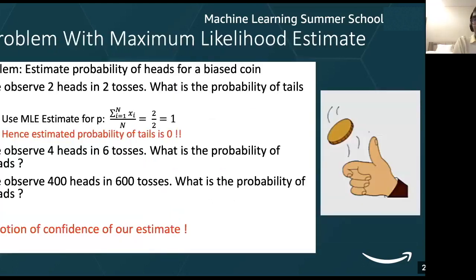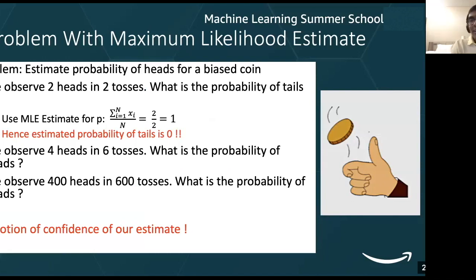Okay, so we discussed maximum likelihood estimation. But is maximum likelihood estimation suitable for all practical purposes or all problems? The answer apparently is no. So let's take a simple example. Once again, we go back to the coin toss problem. Let's say somebody wants to estimate the probability of heads.